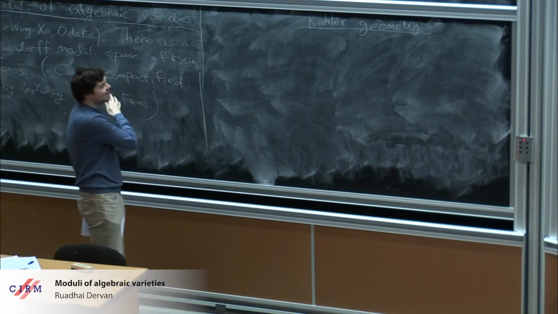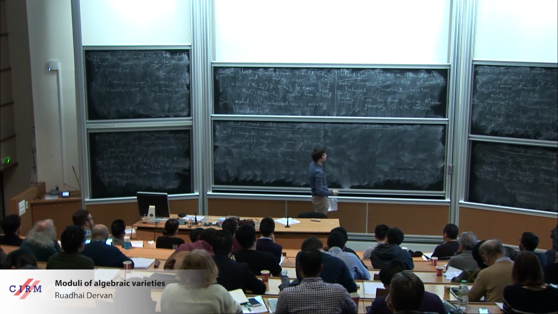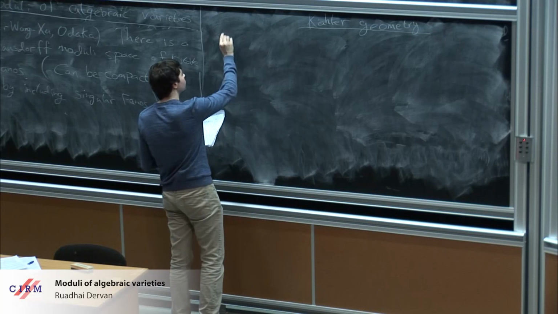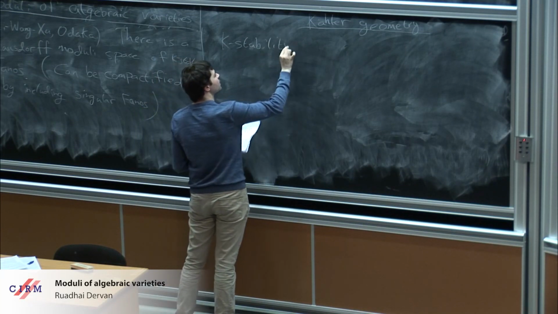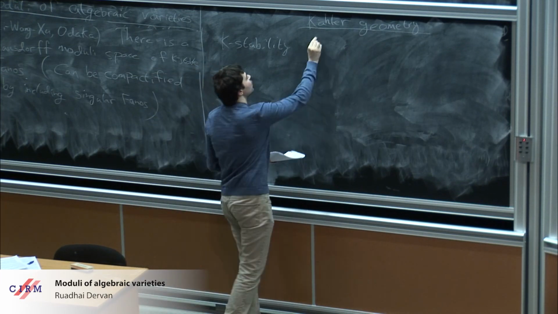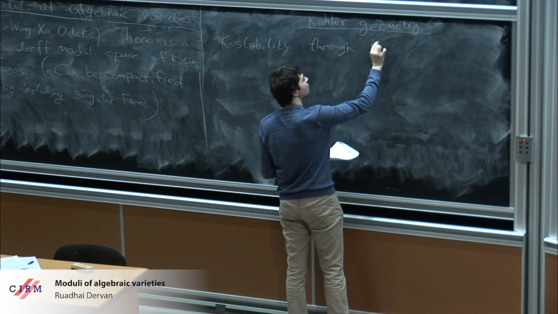So this notion of K-stability, which is completely algebro-geometric, actually came from considerations to do with constant scalar curvature metrics and Kähler-Einstein metrics. So it arose precisely through Tian and then Donaldson through Kähler geometry.